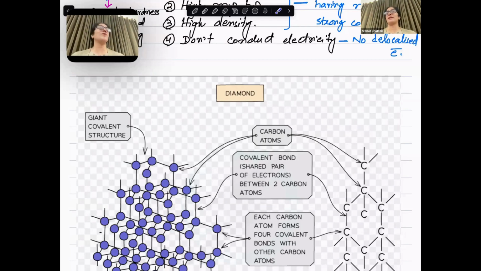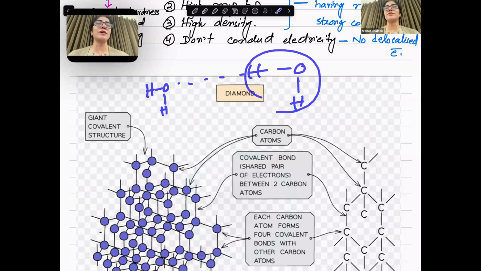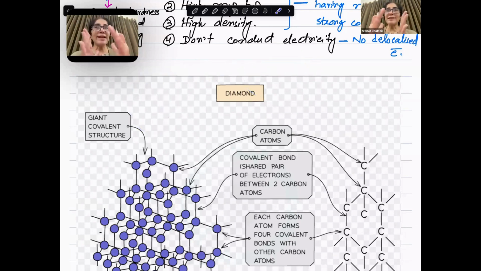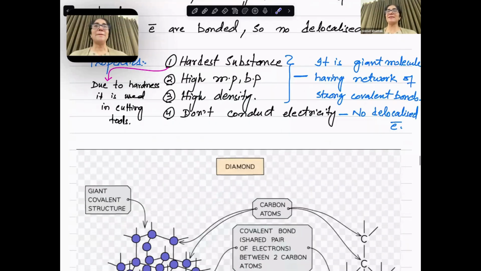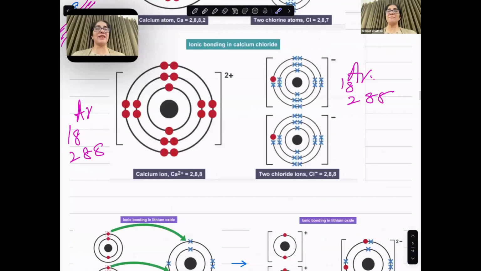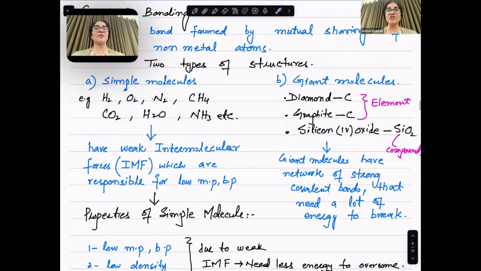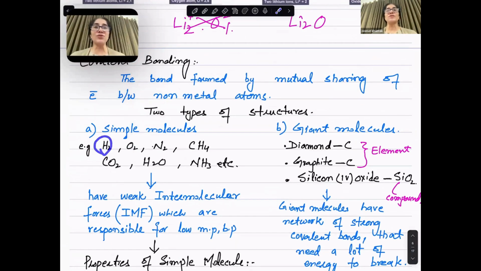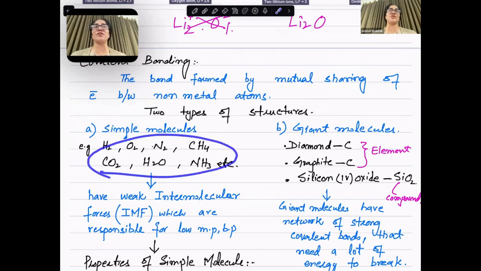Inside the molecule is covalent. But between one molecule and another molecule, there is what? Intermolecular force. In giant, there is no intermolecular forces, just covalent. But in simple molecules like H2, O2, N2, steam, they are all simple molecules.